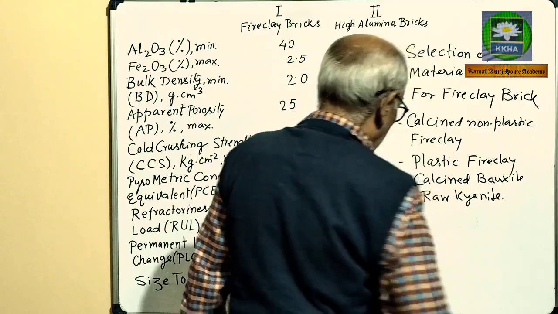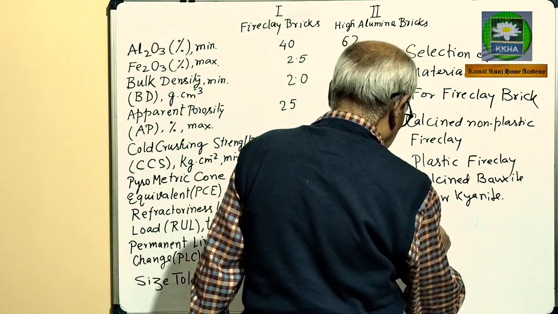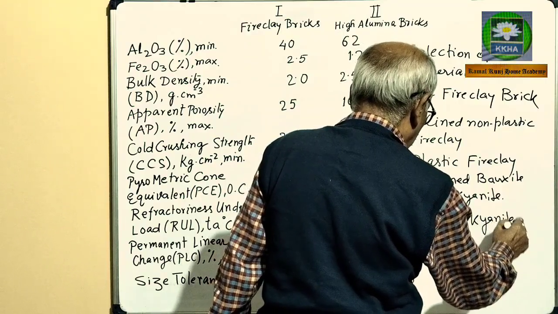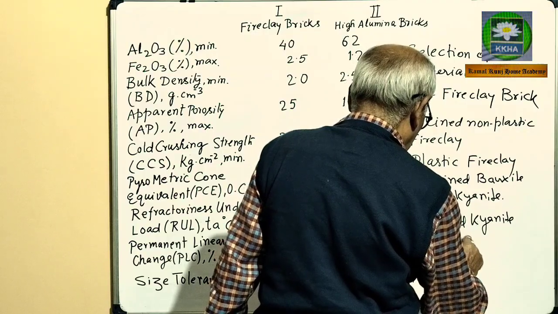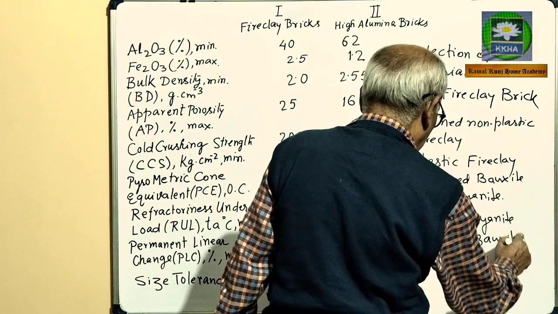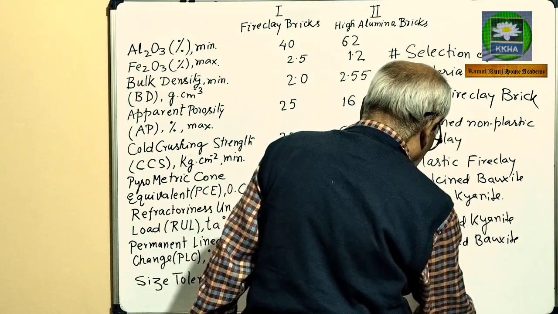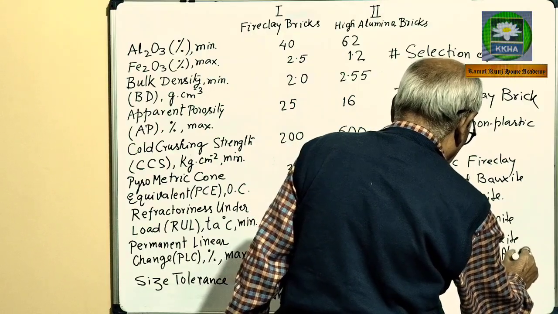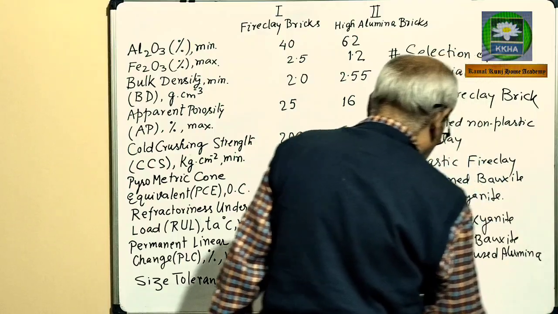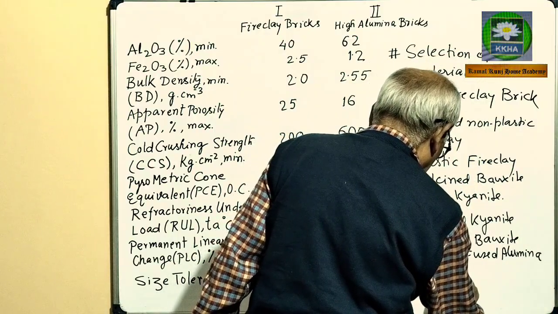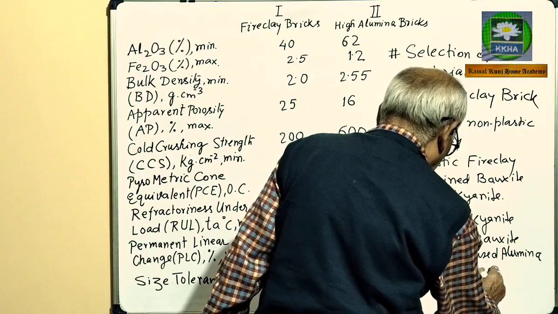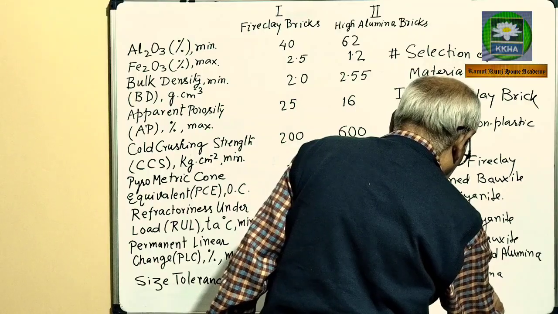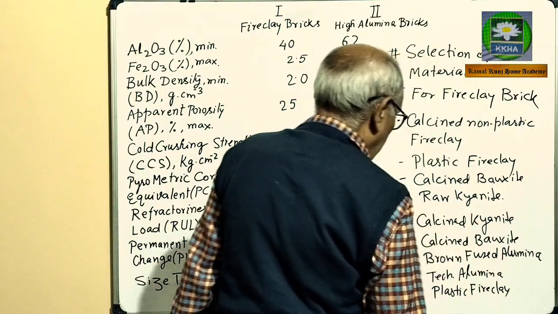For the second, high alumina bearing materials are needed: calcined kyanite, calcined bauxite, and brown fused alumina, some technical alumina, and plastic clay, plastic fireclay. We also need sillimanite.